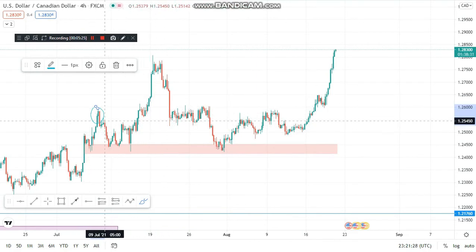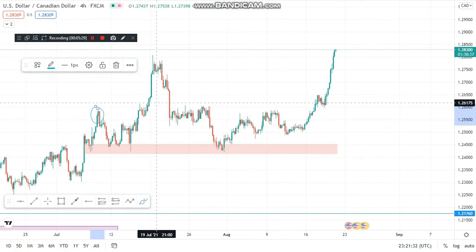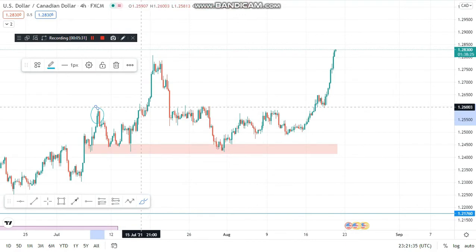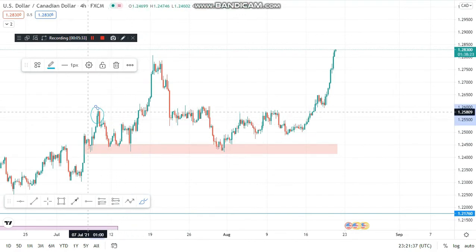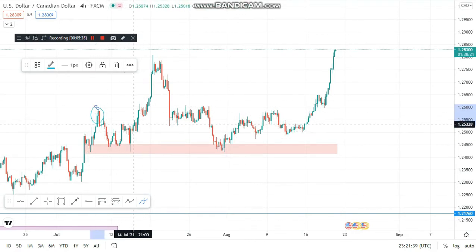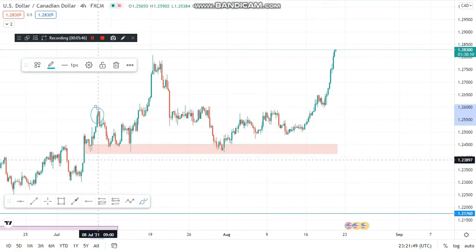So you have to have the first touch first, then if there is a second touch, yes, the resistance is confirmed. But in the case where there is no second touch, you have to wait. Be patient enough for a second touch. If it respects that point and comes back, when it comes back, you take your trade. That is it.